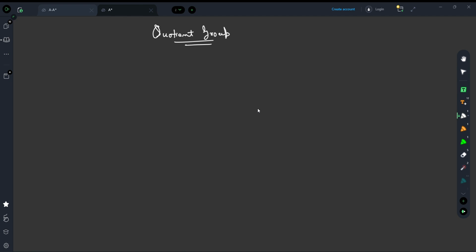Okay. So if I talk about the basic procedure of how a quotient group is structured, what we do is introduce a relation on a group. You can find this in any standard textbook or basic course on group theory.